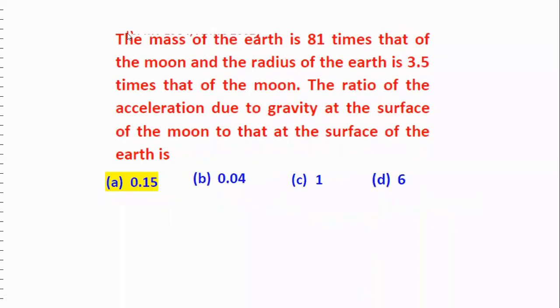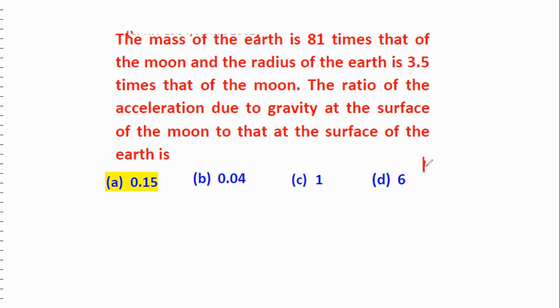Next. The mass of the Earth is 81 times that of the Moon, and the radius of the Earth is 3.5 times that of the Moon. Find the ratio of the acceleration due to gravity on the surface of the Moon to that on the surface of the Earth.